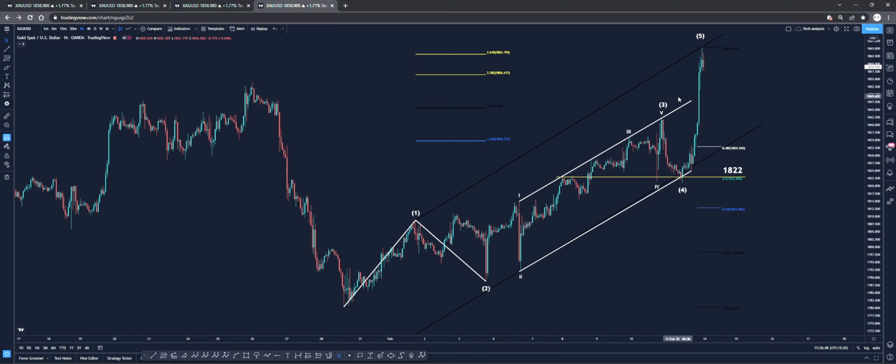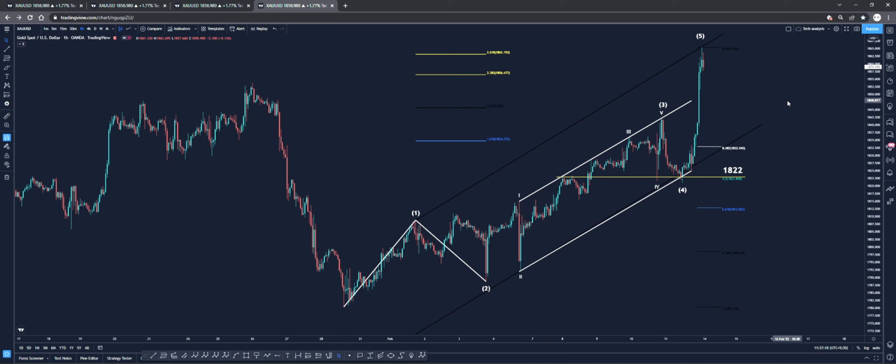Then wave 3 is subdivided into waves 1, 2, 3, 4, 5, which made a parallel channel, and the 4th wave makes support at the lower trendline of the channel and near the 4th wave of the previous degree. Then this is the final wave, the 5th wave.